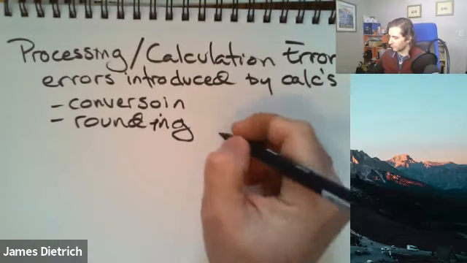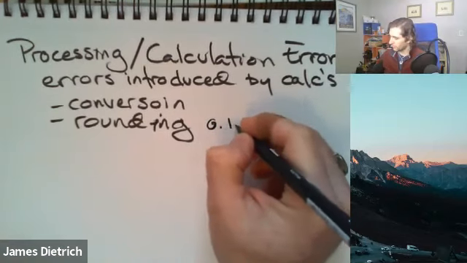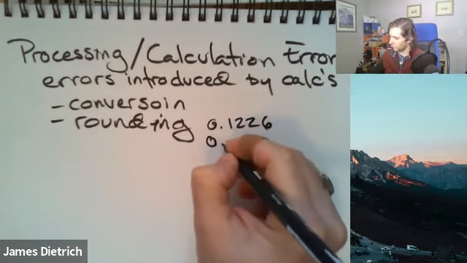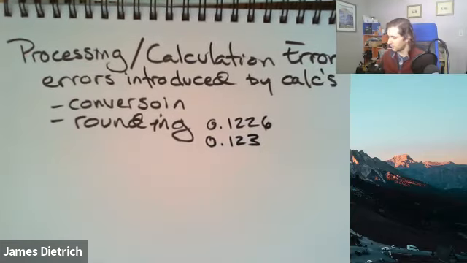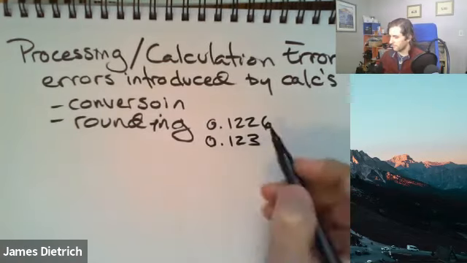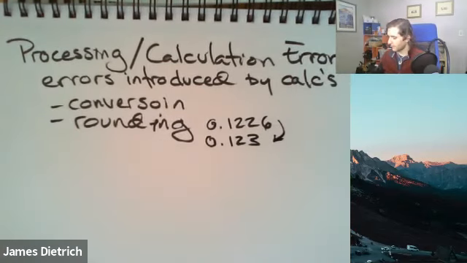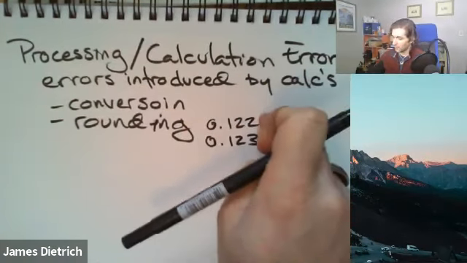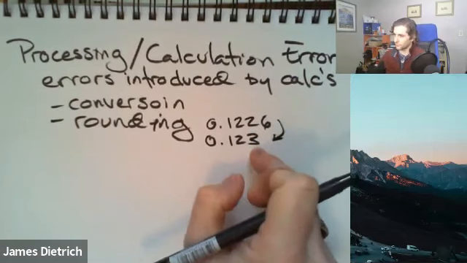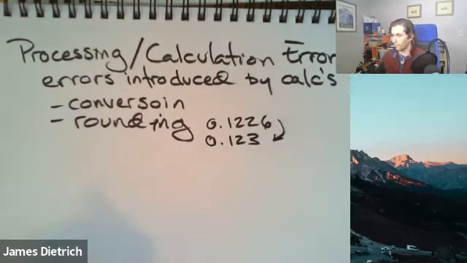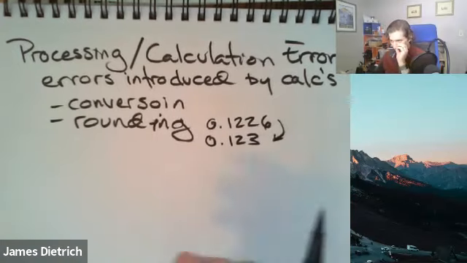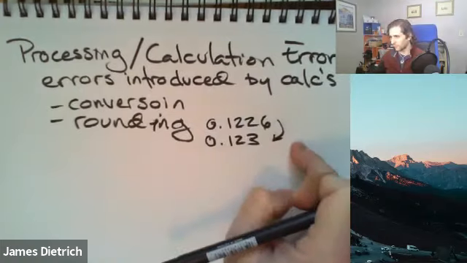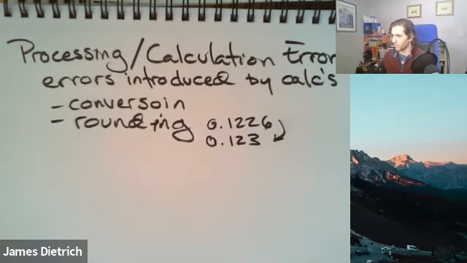So if you go from 0.1226 and you round up to 0.123, you've just added an error there, because the value that you actually measured is 0.1226 and you rounded it up to 0.123. That's 0.0004 error, and it may not seem like much, but if you do this on every measurement across an entire data set, those rounding errors can add up.